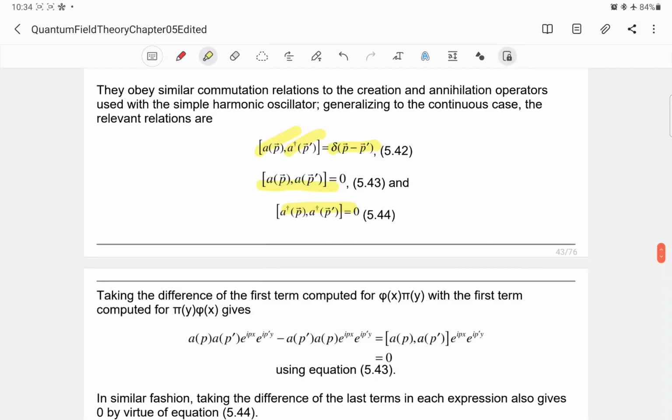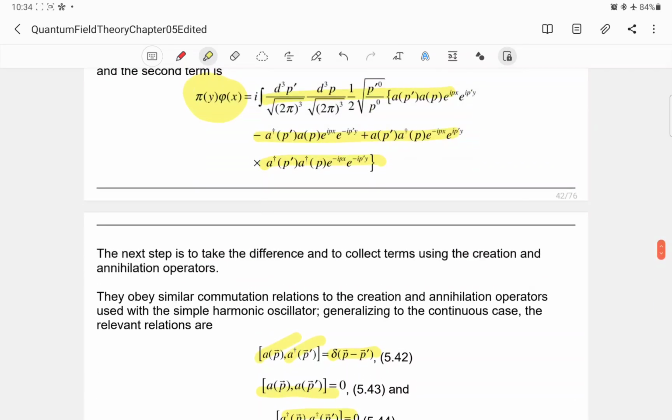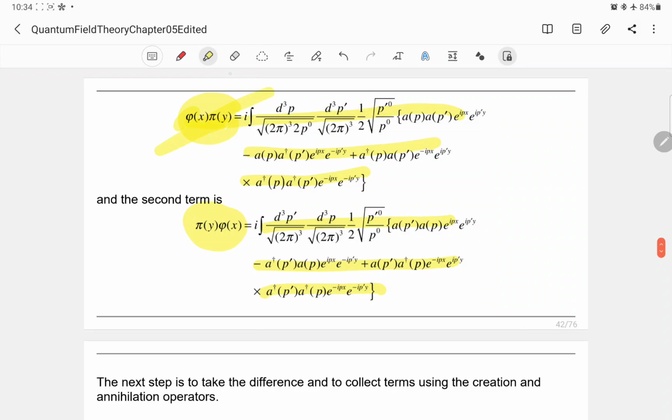So taking the difference of the first term computed for phi x pi y, and the first term computed for pi y phi x, basically we're talking about the first term. We won't bother ourselves with these factors, but the first term here minus the first term here.